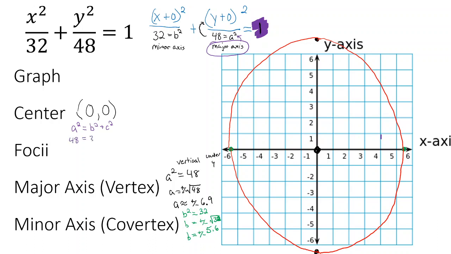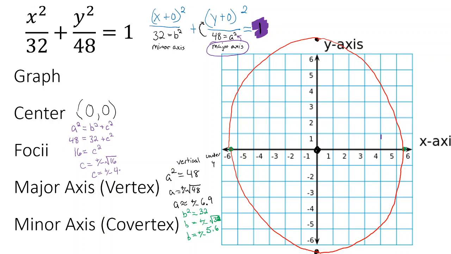And b squared is 32, and so that'll allow us to find c squared. So this comes out kind of neat because 16 equals c squared. So c would equal plus or minus the square root of 16. So c equals plus or minus 4.